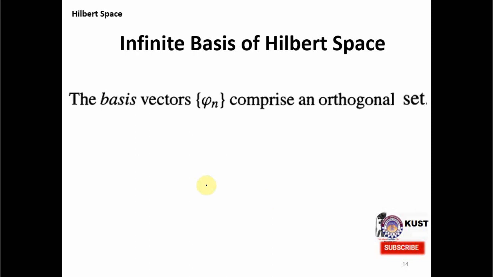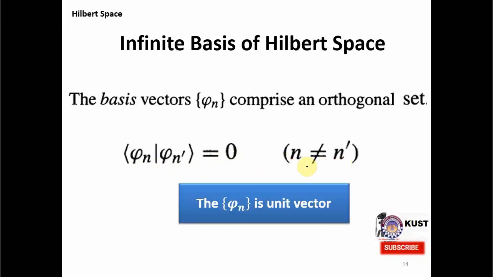So the basis vectors comprise an orthogonal set, which means that definitely these vectors are orthogonal to each other because these are unit vectors. So we must have in every direction some unit vector, so they must be at 90 degrees or perpendicular to each other, and their dot product must vanish. So this is the condition in terms of mathematics, that phi n with phi n prime is equal to 0 when n is not equal to n prime, but when n is equal to n prime, this is equal to 1.